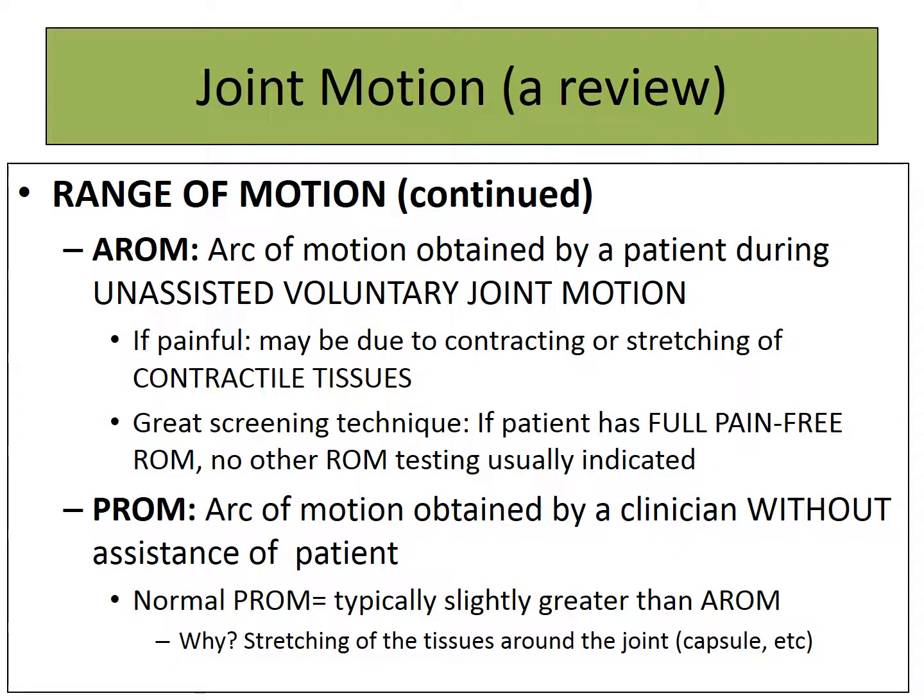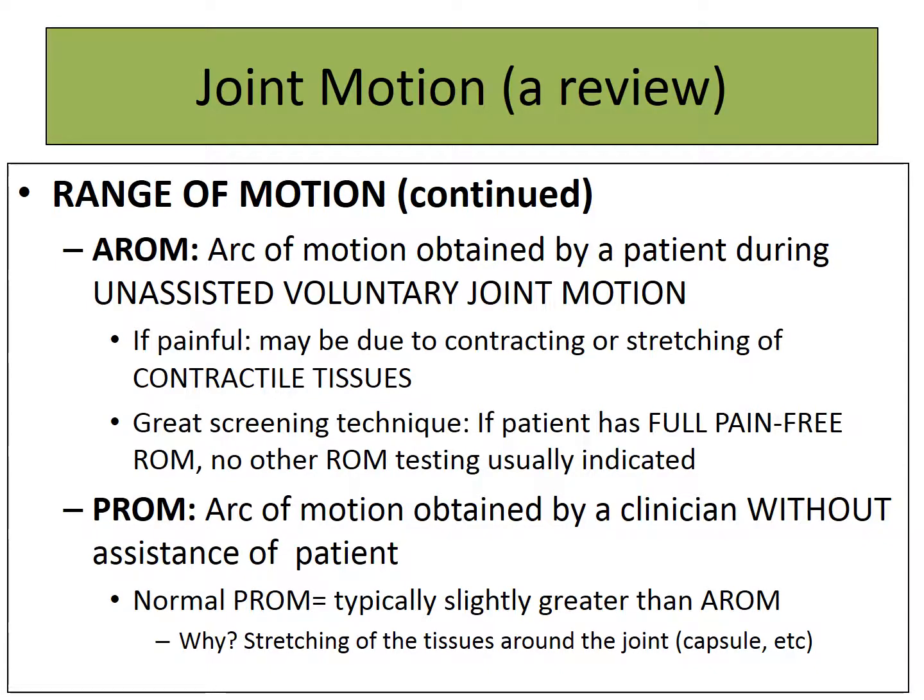We can measure a range of motion both actively and passively. So as a reminder, if it is active range of motion, the motion is totally performed by the patient without assistance from the PT or PTA. Passive range of motion would mean that the patient is exactly that. They are passive, and the PT or the PTA is moving the limb while they are measuring the joint angle of motion.